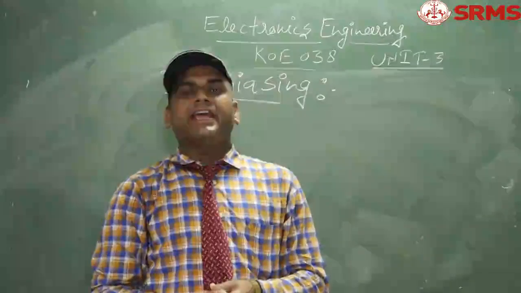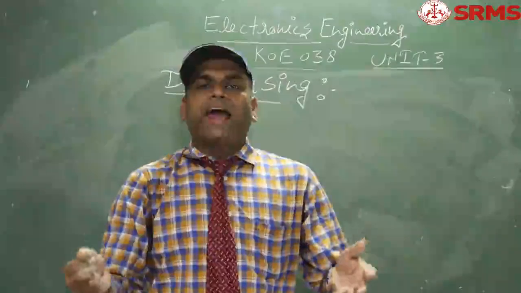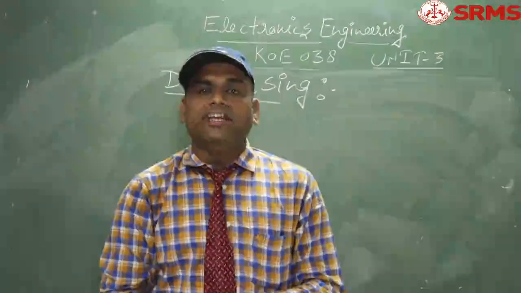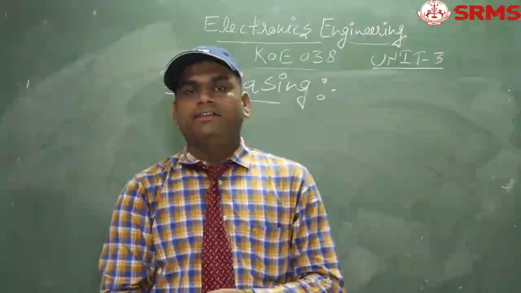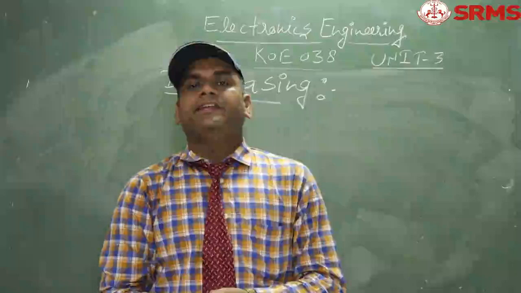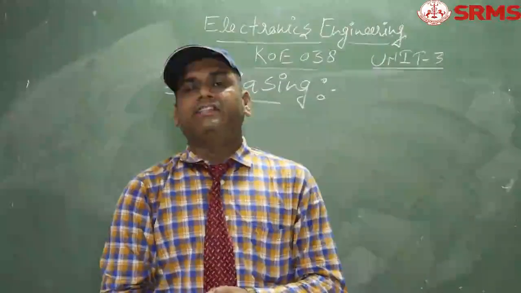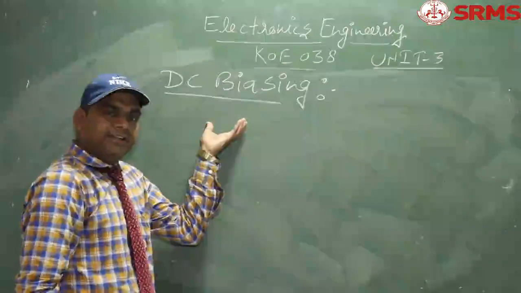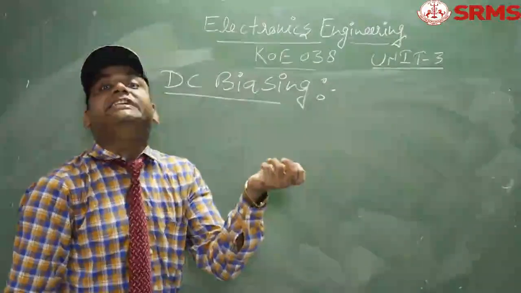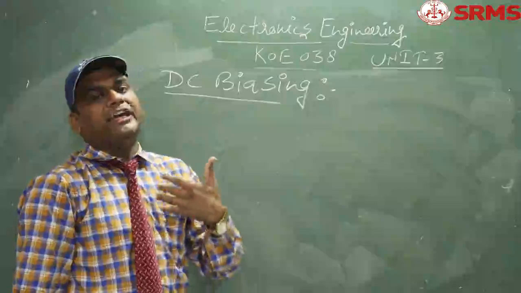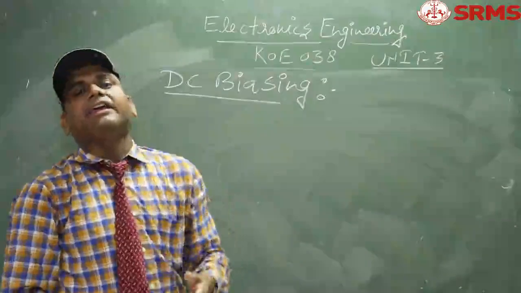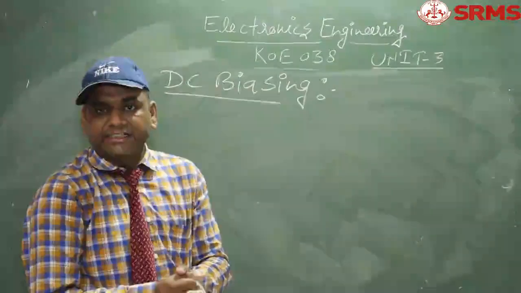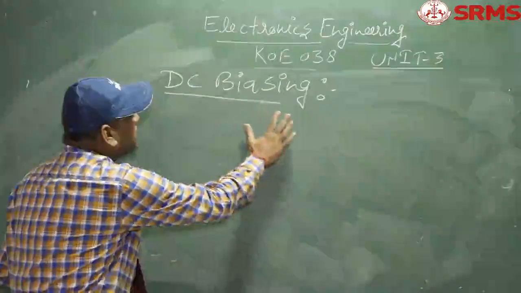Biasing is the process in which we are applying external voltage to any device. Here in this case, we will apply the external voltage to the transistor, and that voltage is DC because we are interested in DC biasing. We will discuss about the AC later, where you have to apply an AC voltage to the transistor. Is that clear?